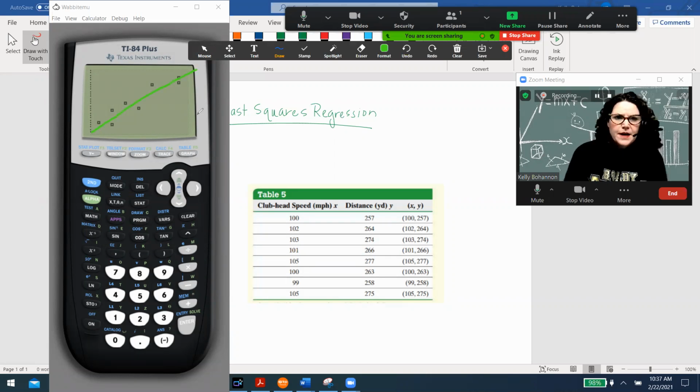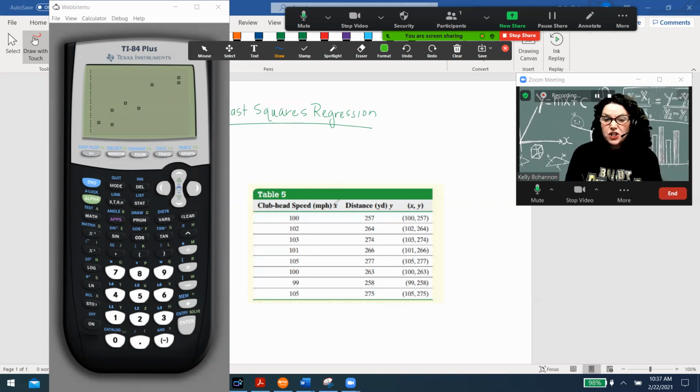But if I need to come up with an equation for that line without using my calculator to do a linear regression, then I'm just going to choose two dots from my data list.